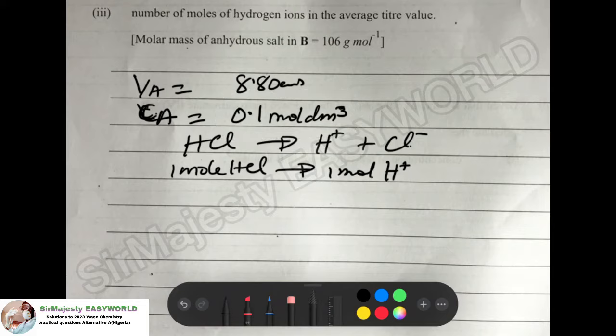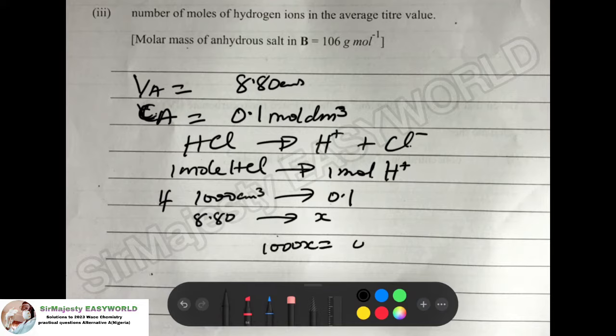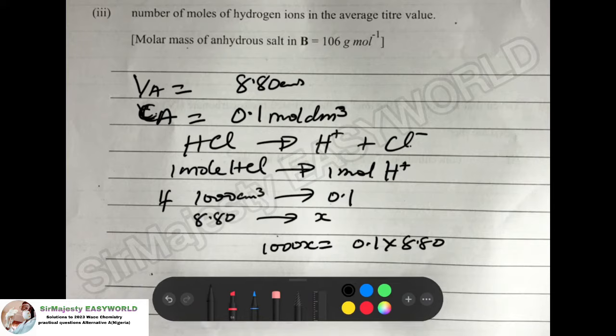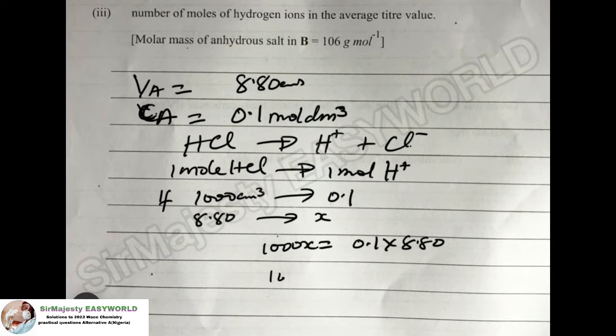What you are going to do now is to ask yourself a simple question. I know you usually work with a formula, but I want to make it clearer for you. Just say if 1000 cm cube, which is equal to 1 dm cube, was able to contain 0.1, what will 8.80 contain? Call it x, such that it's obvious now that 1000x is equal to 0.1 times 8.80, such that x alone is equal to 0.88 divided by 1000.